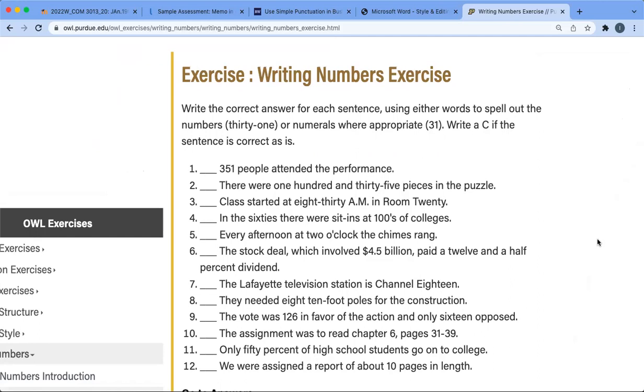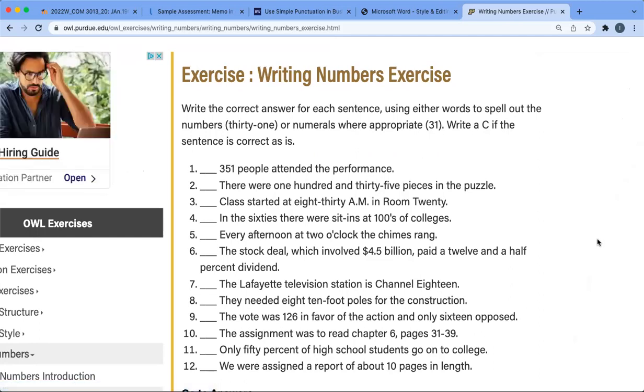I give you 10 minutes to complete this assignment.